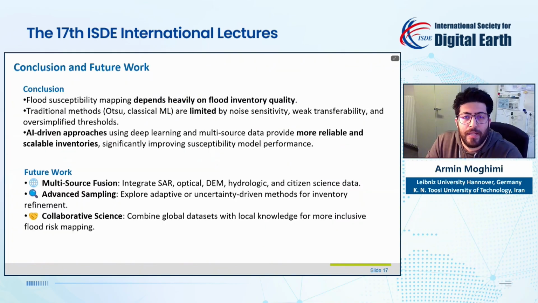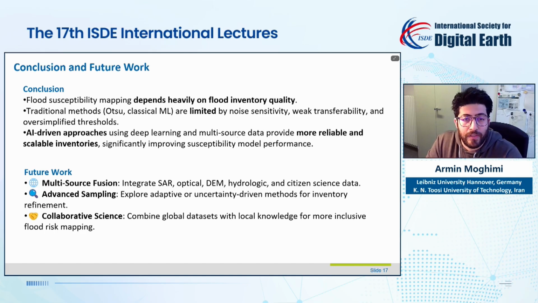In conclusion, the quality of the flood inventory is critical for reliable susceptibility mapping. Traditional methods like AHP or classical machine learning are limited by noise, data dependency, and poor transferability. AI-driven approaches, on the other hand, allow us to integrate multi-source data and apply deep learning segmentation, leading to more accurate and scalable inventories. As we saw, this directly improves susceptibility model performance.